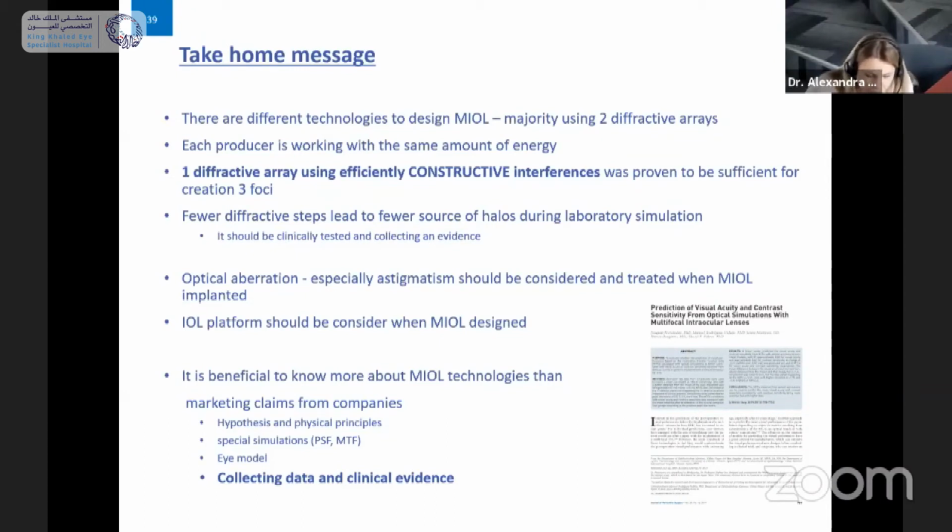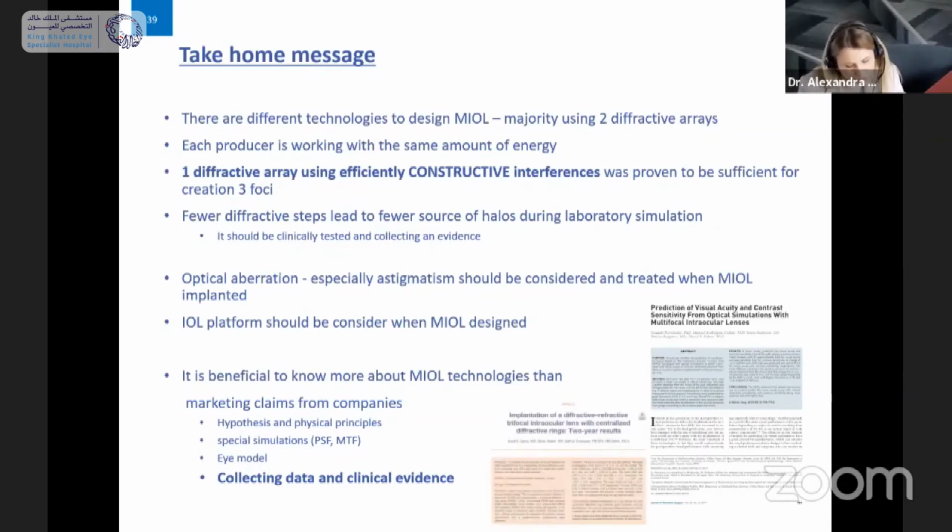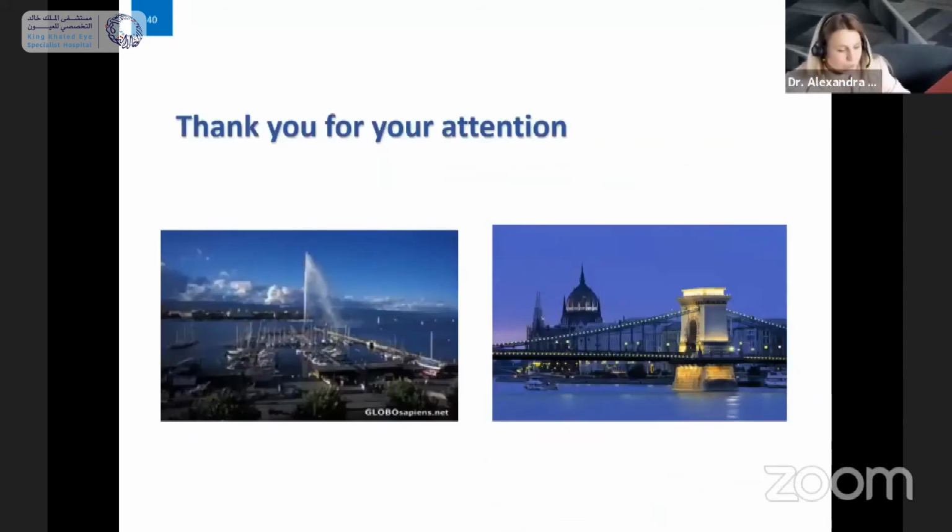We have to work more on eye models, and there was a publication from Dr. Fernandez and collaborators showing that we can already predict today from an eye model how the lens will act in your patient. And of course, collecting data and clinical evidence and working with this is more and more important when we are talking about premium lenses. Yeah, this is the publication. So thank you very much for your attention.